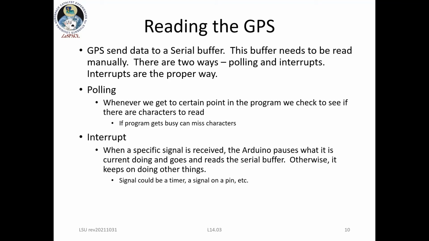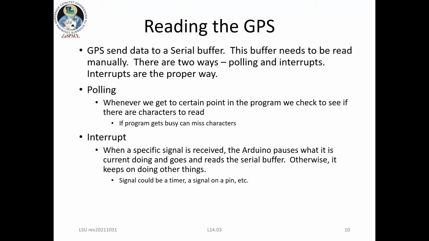So in general, I could read out, and by read, I mean call gps.read, 2 different ways. And those are called polling and interrupts. Polling would be where I basically just put gps.read somewhere in my loop function.